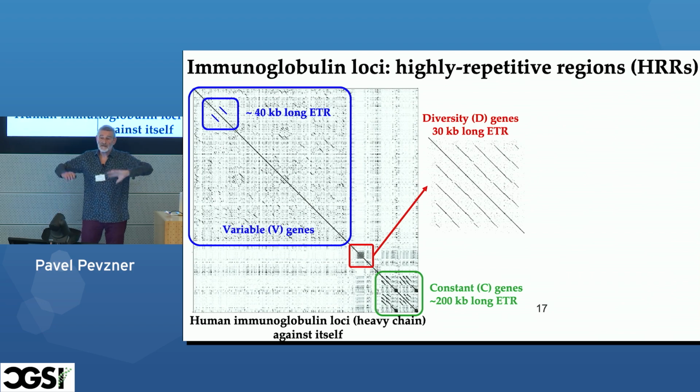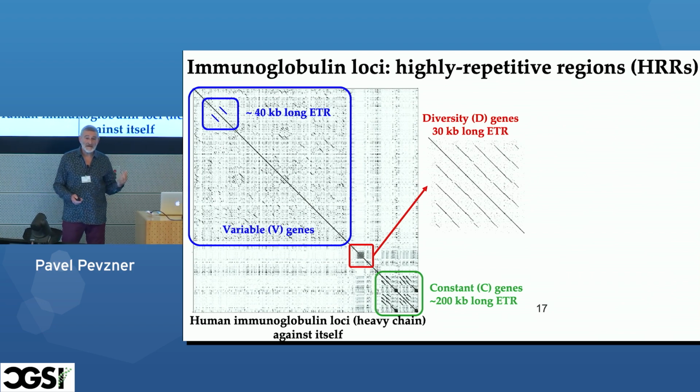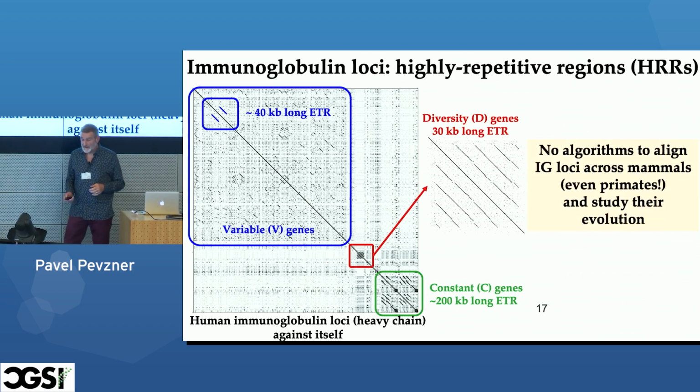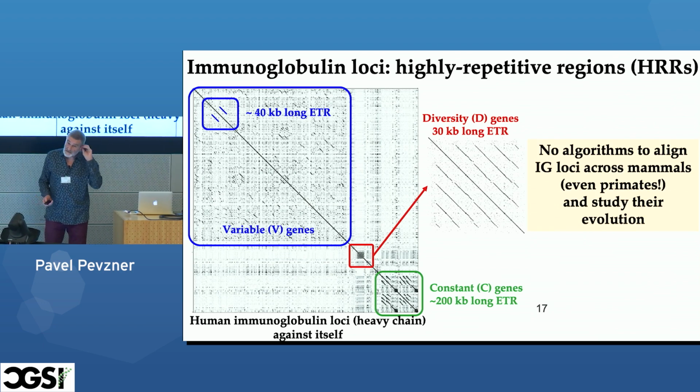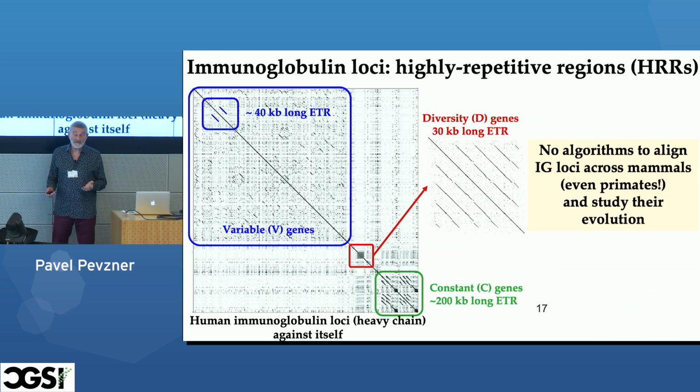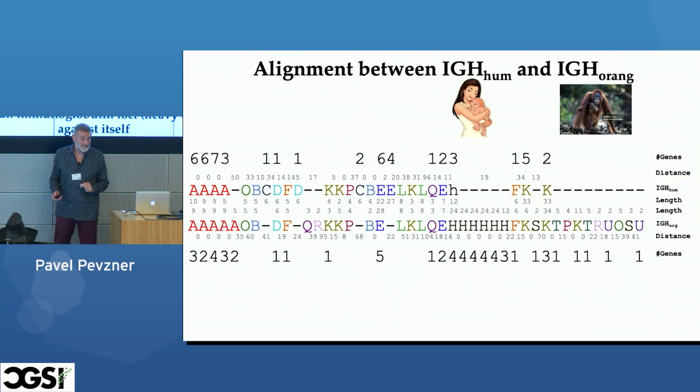It's basically a combination of tandem and segmental duplications, and no algorithms existed to properly align immunoglobulin loci until recently. Even between humans it was difficult, let alone between human and, let's say, chimpanzee.